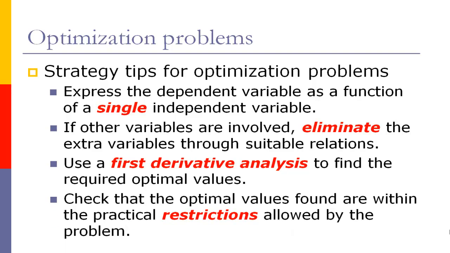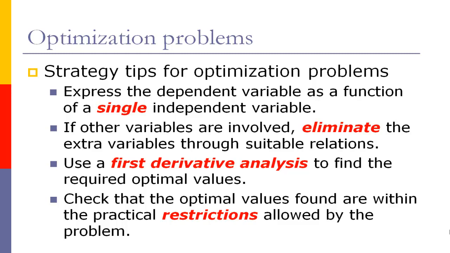Now, notice that in general, an optimization problem will have some practical restrictions on the domain. So only certain values of the independent variable are possible. For instance, we don't want negative lengths or negative volumes or things of that sort.